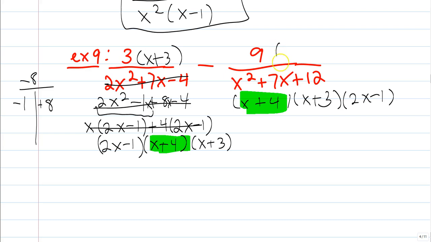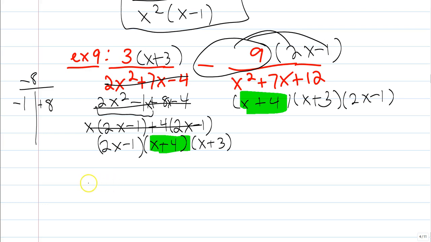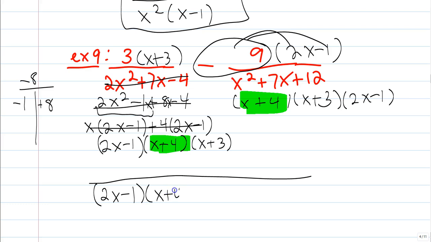Bottom and top. I'll encourage you right now, we're about to distribute this 9. Can we treat that like a negative 9? Minus 9 and then distribute it. It's going to make our lives a little easier. So, our common denominator is now 2x minus 1, x plus 4, x plus 3.